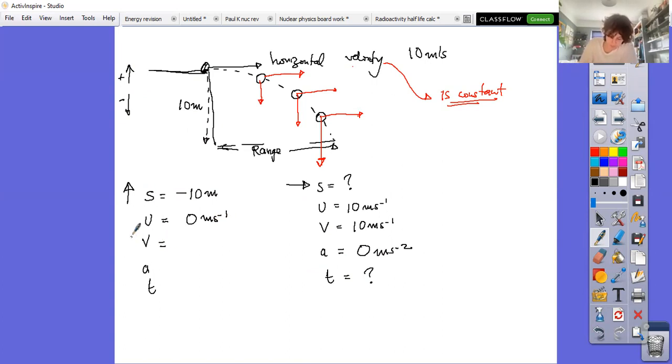What is my final vertical velocity? Well, I don't know, but I know that the velocity is going to be increasing. So I'm going to use the symbol VV for vertical velocity, and I'm going to use the symbol VH for the horizontal component. So this stays the same, and VV here, by the way, is the vertical component of velocity.